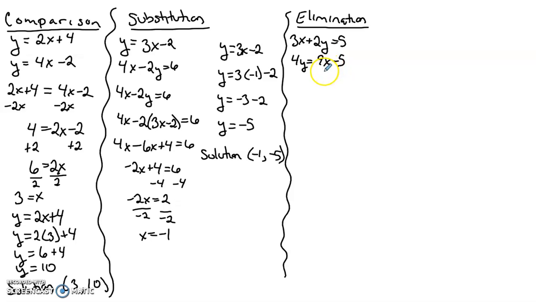But what we can do is reorder one of these functions. And it doesn't matter which one, so long as at the end, everything's in the same order. So let's change our first function. We have 3x plus 2y equals 5. We want our y's on one side, so let's leave this where it is, and we can subtract 3x from both sides.